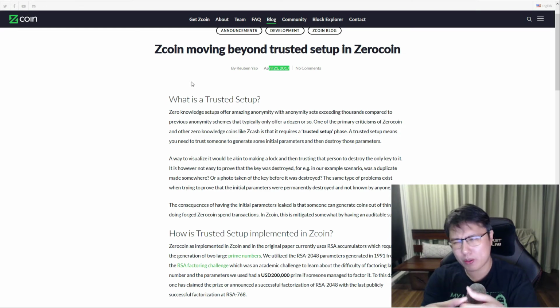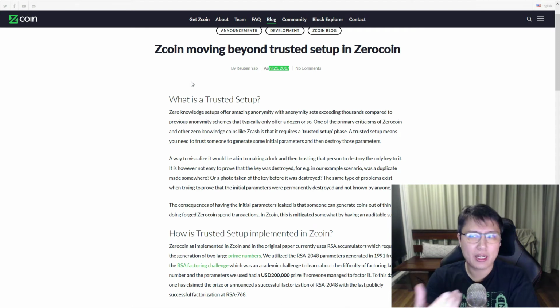And the whole concept of trusted setup kind of goes against that vein. I could talk about this for an hour, and I think there's a video somewhere that talks about trusted setup. But the basic idea is that there's this ceremony that needs to have been carried out correctly, and if it wasn't, there's a backdoor.